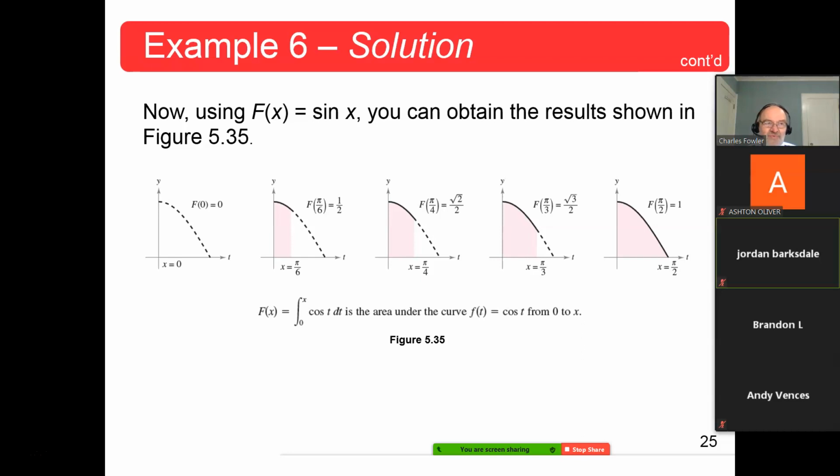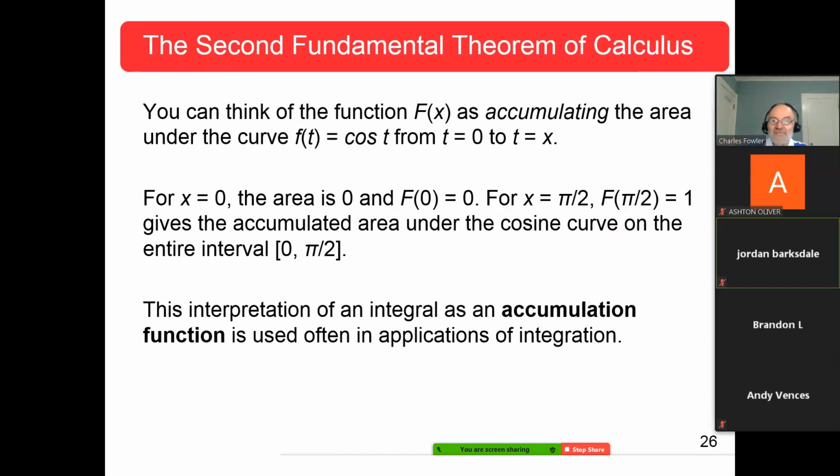And this shows again how you can use integration as a summation as you're moving down a curve and doing the different areas. That's what the second fundamental theorem of calculus can do for you. It doesn't have to be something simple like the cosine curve, any curve that you can integrate. So you can think of the function F as accumulating the area of the curve as you move from t equals 0 to t equals x.